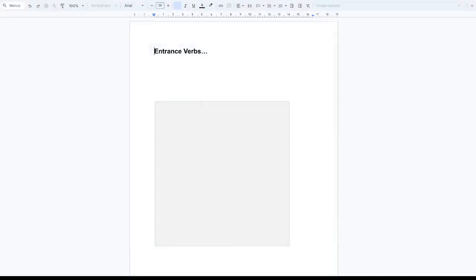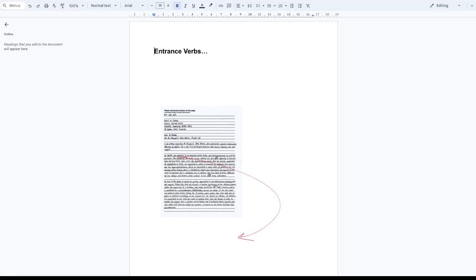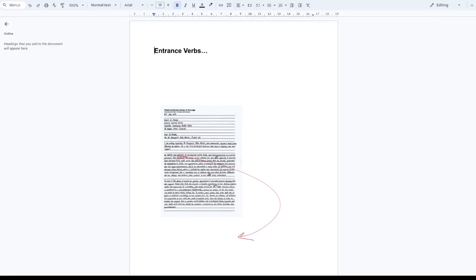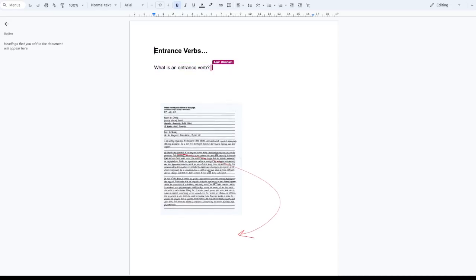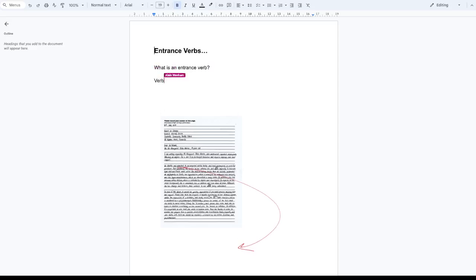We're going to begin by jumping in and looking at this idea of entrance verbs. Let's start by asking the question, what is an entrance verb? What I'm talking about here is verbs, any verb that talks about going inside.